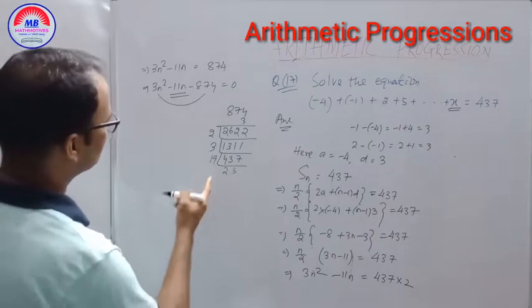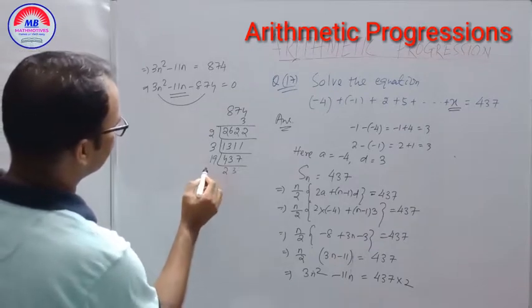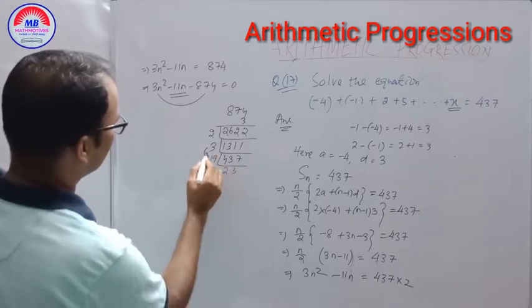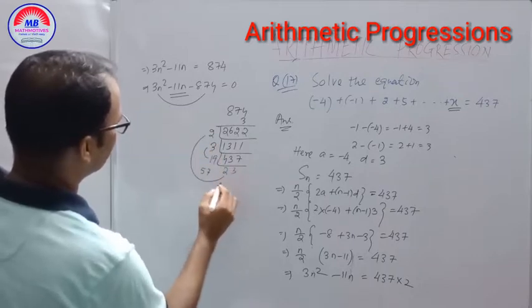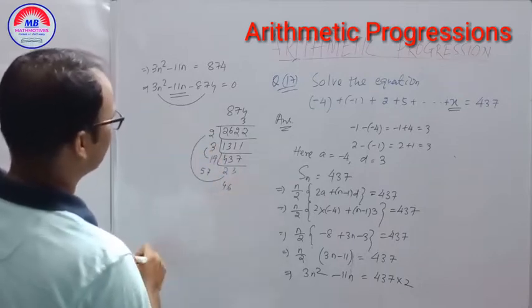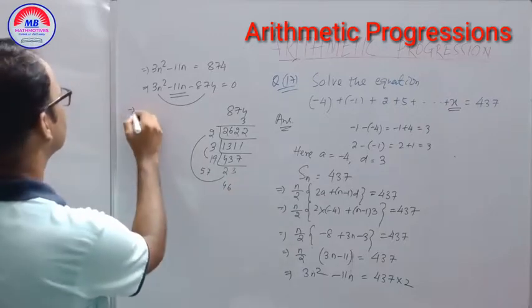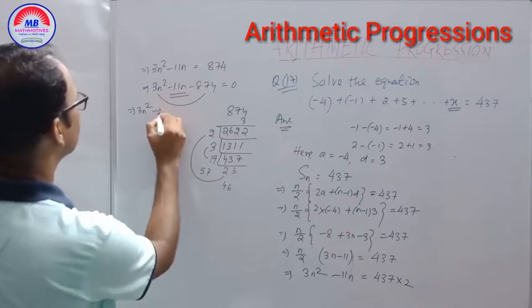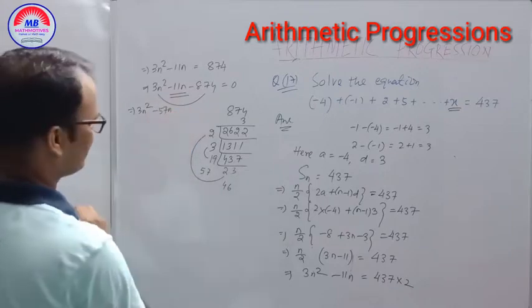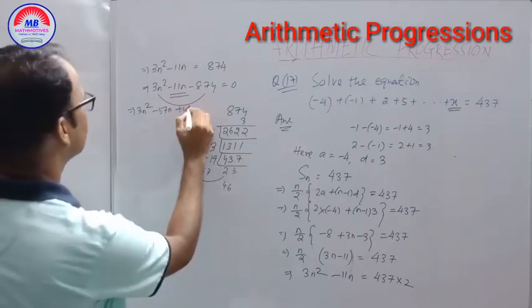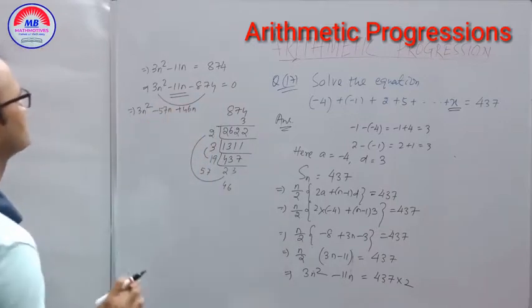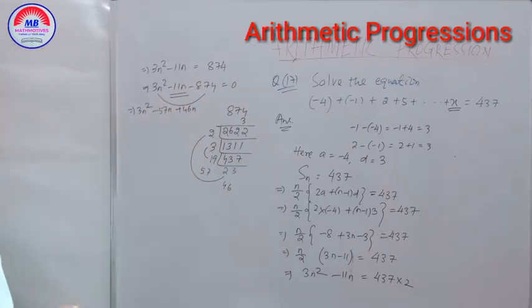Which terms will we take? 19 into 3, 57, and 23 into 2, 46. So the middle term split is 3n square minus 57n plus 46n; this plus this equals minus 11n.